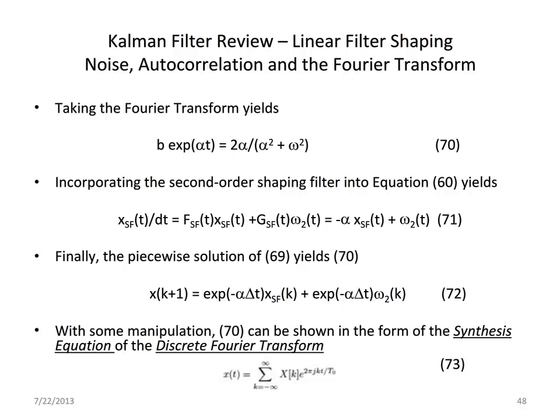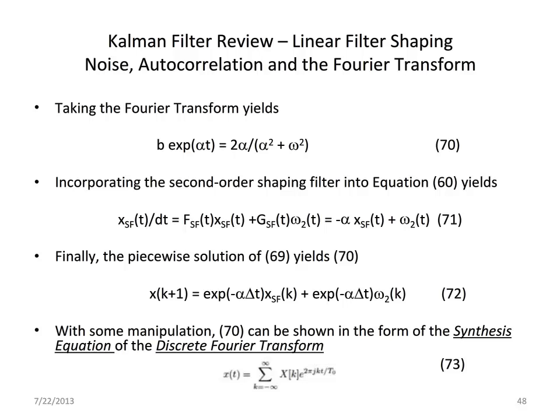Okay, the state vector can then be augmented with the shaping filter states, such that the new augmented state vector can be constructed according to 61. We perform the change of variable we performed earlier and develop equation 62, which is in the same form as equation 57.